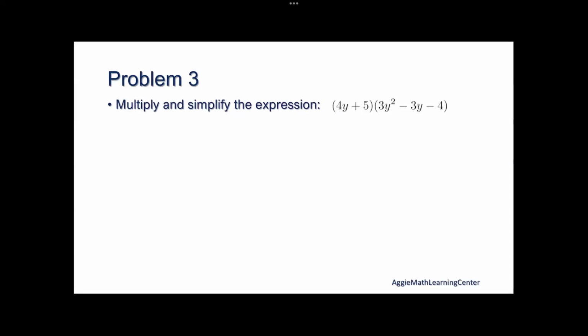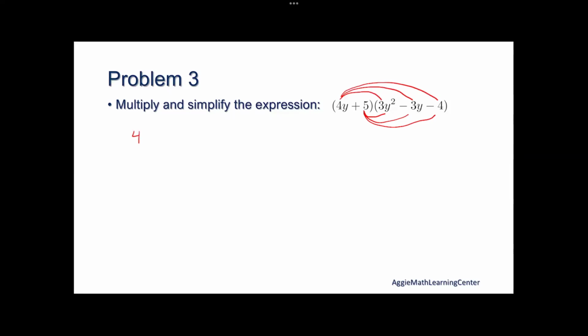So in this one, like she said, we're gonna start by distributing. So in this case, we'll want to distribute our 4y to each of these. And then after that, we're gonna distribute our 5 to each of them as well. So we should end up with 6 terms. So I'll write that like this.